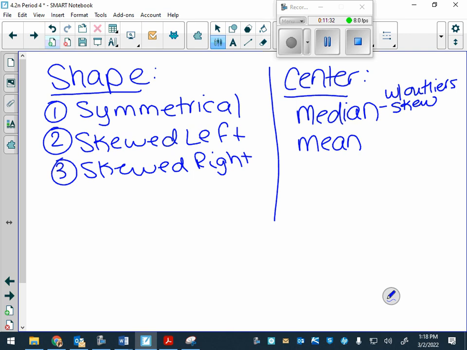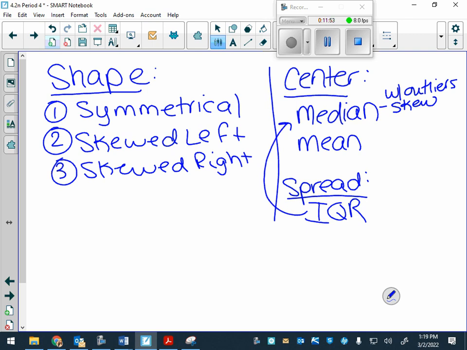And the last one is spread, okay? Some things, 3 things we could use to describe spread. Number 1, IQR. The IQR, the interquartile range, is paired with the median, okay?